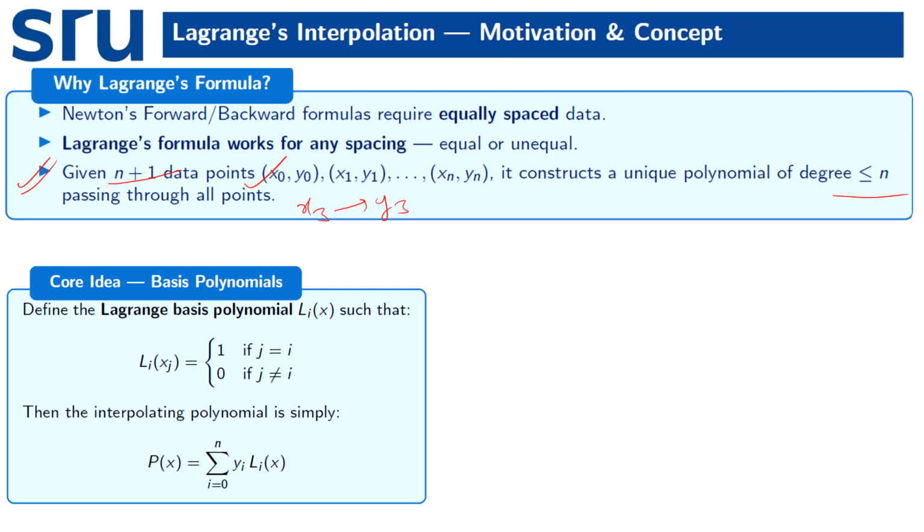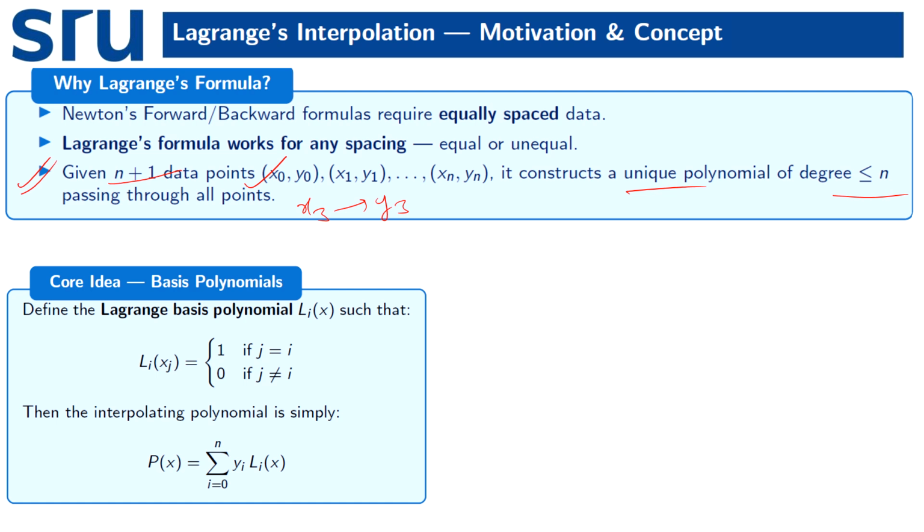Let me repeat this because it is very important for exams. There exists a unique polynomial of degree less than or equal to n, and it passes through all given data points. That is very important. This is the foundation of interpolation.